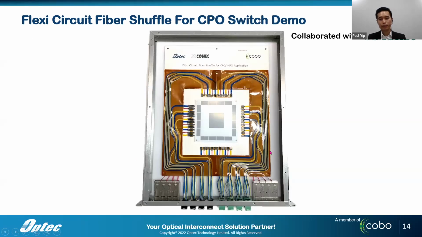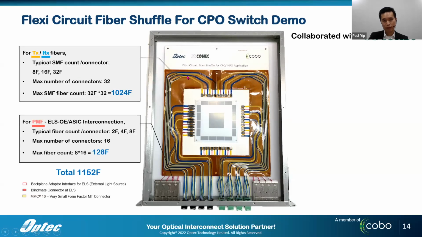This is an example of our demo kit we put up in the ECOC show, collaborated with US Connect. So in this example, it is 1,024 fibers on the blue and the yellow fibers. And then there are 128 fibers in red. Those are PM fibers going into the ELS, the external laser source. So in this shuffle, it's showing 1,152 fibers in total.